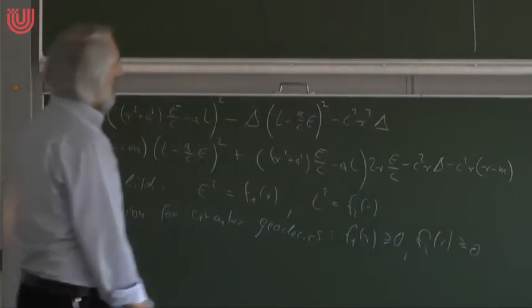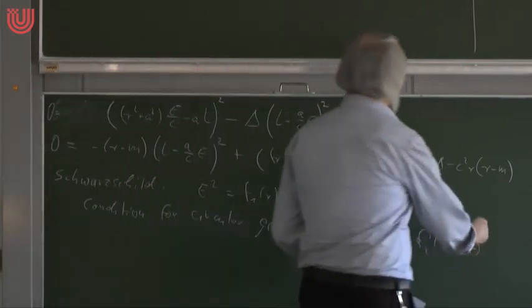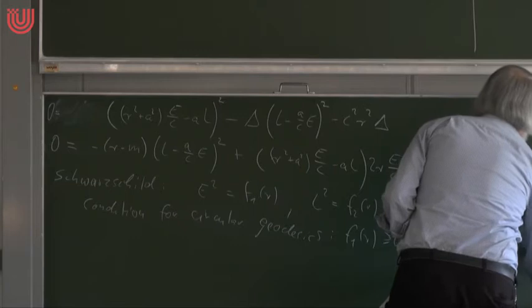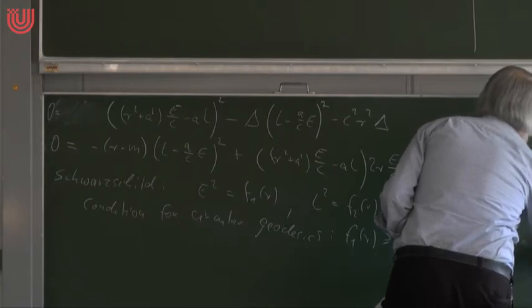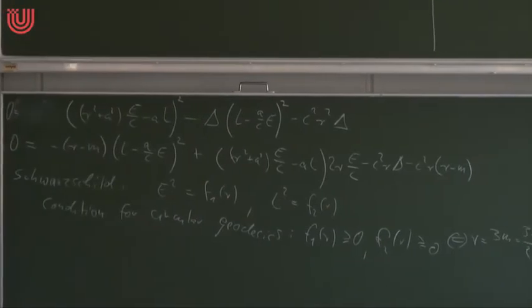Actually, this gave only one condition, that R must be 3m, or as we wrote, 3rs half. So that was the calculation in the Schwarzschild case.